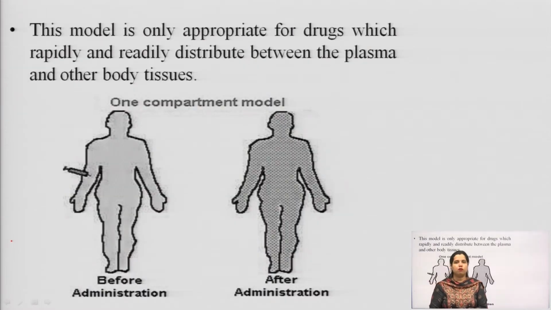From this figure you can identify what I am trying to say. This model is only appropriate for drugs which rapidly and readily distribute between the plasma and other body tissues. So, before administration and after administration, we assume that the drug is evenly distributed all over the body and is uniform.